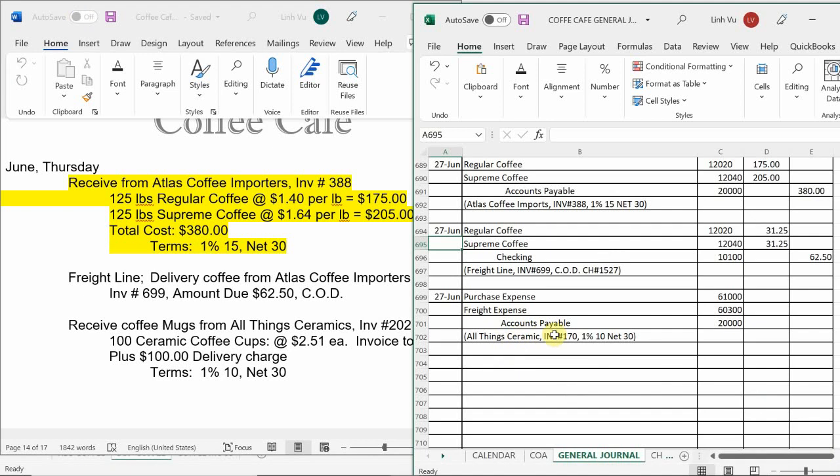Okay, so in this case, it was 251 plus $100 worth of shipping to get a total of $351. Invoice number 202.